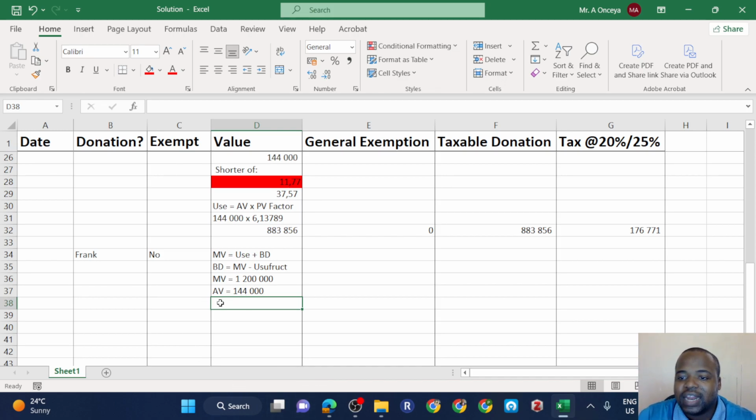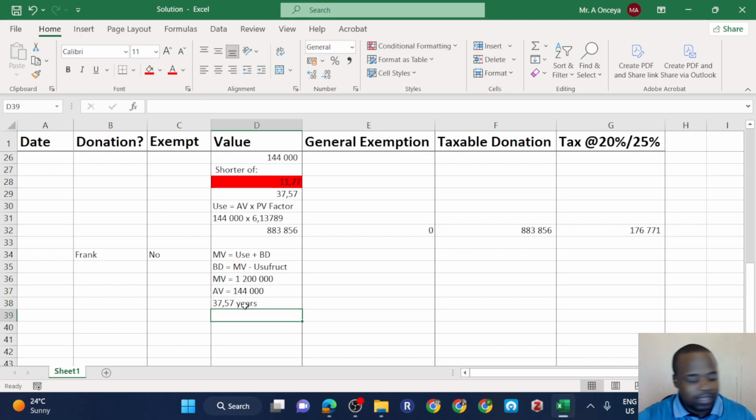But now we must look at the life expectancy of the donee, in this case the person entitled to the usufruct, or the fruits, or the specified time period. But there is no specified time period, so we'll just look at Edwin's life expectancy, which we've already noted is 37.57 more years.